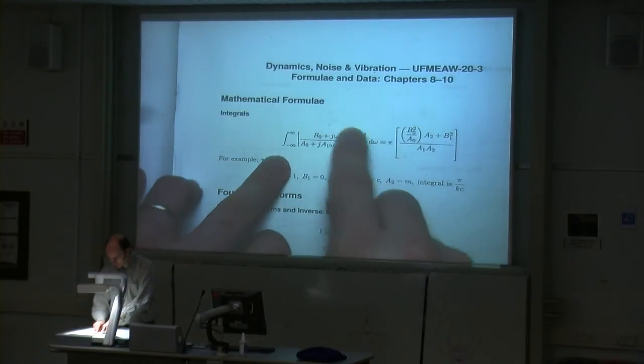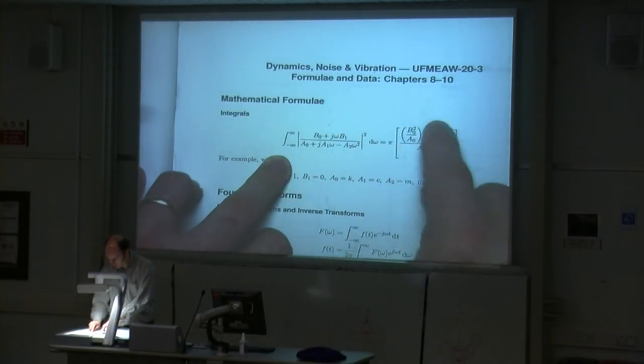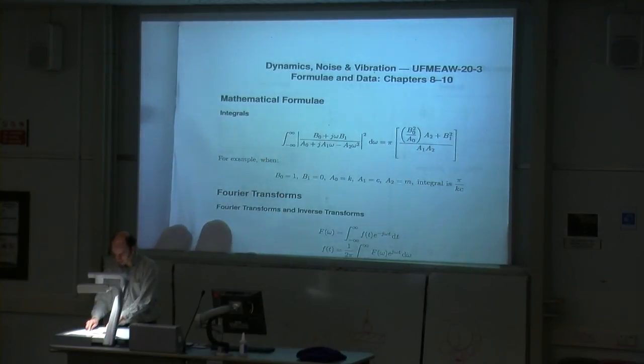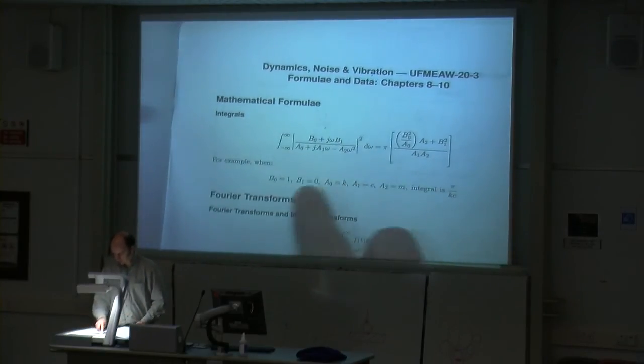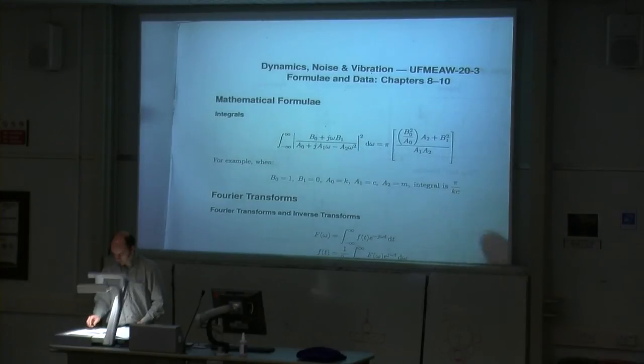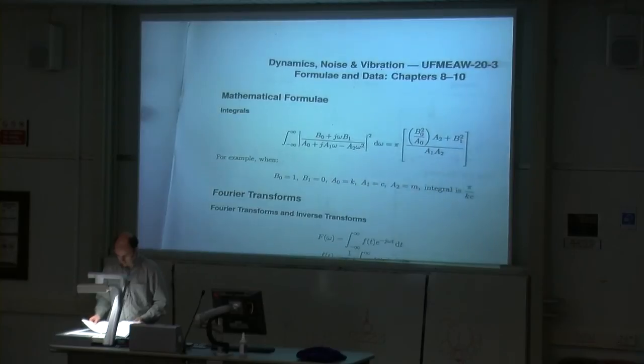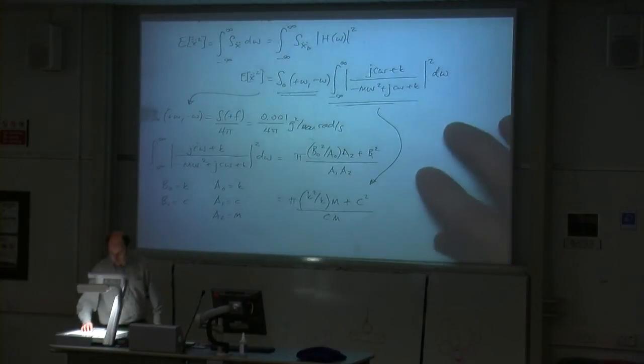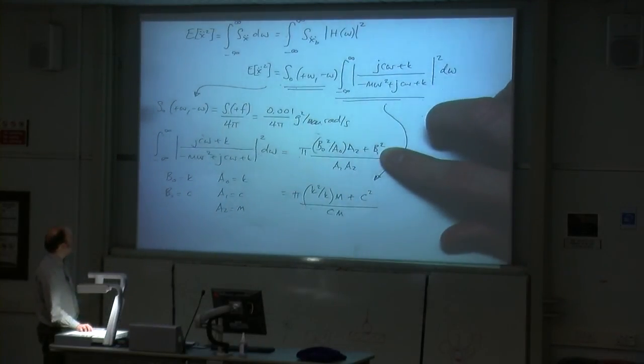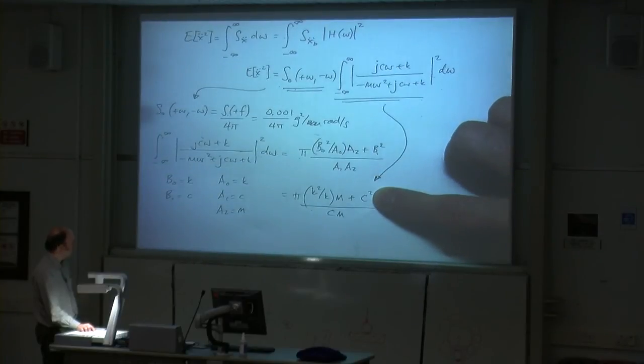If you know the form of this equation, you can work out what the answer is. Here's an example, and it gives you the solution. So that's on the formula sheet, and so there's your answer.